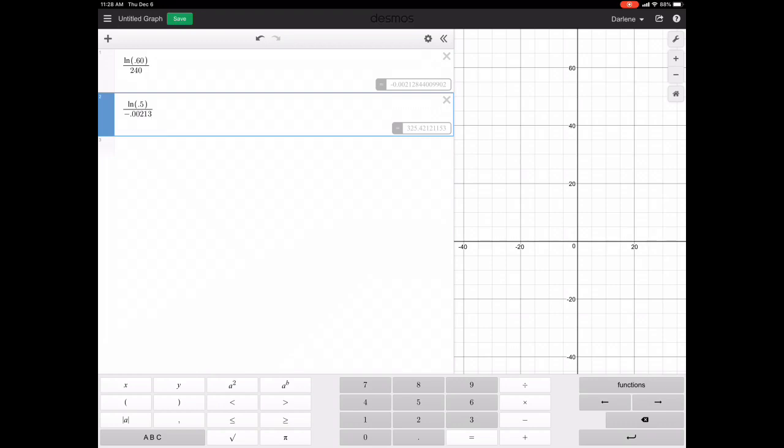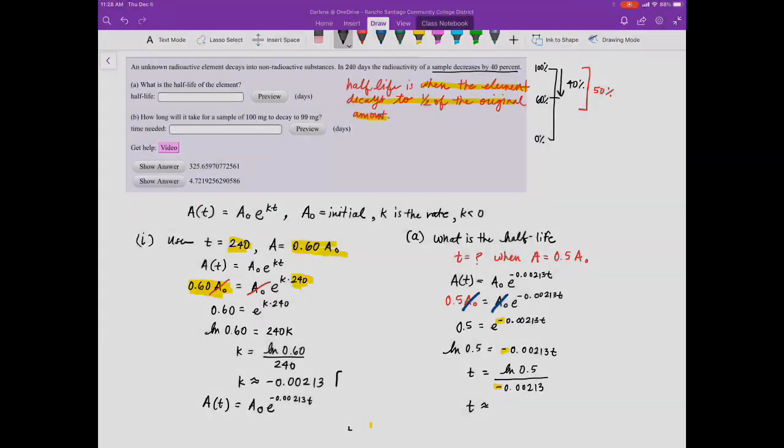And we can see from the answer that it's 325.42. And again, the units on the time were days. So it would take about 325.42 days in order for this element to decay to half of its original amount.